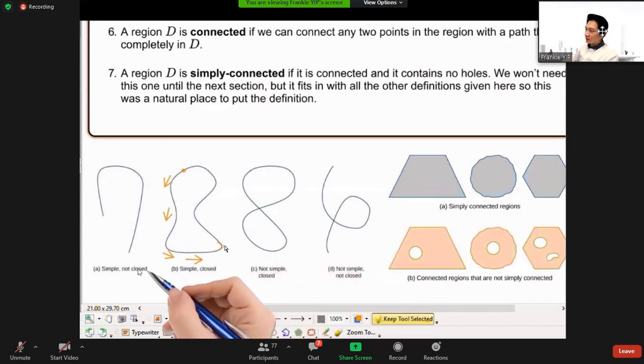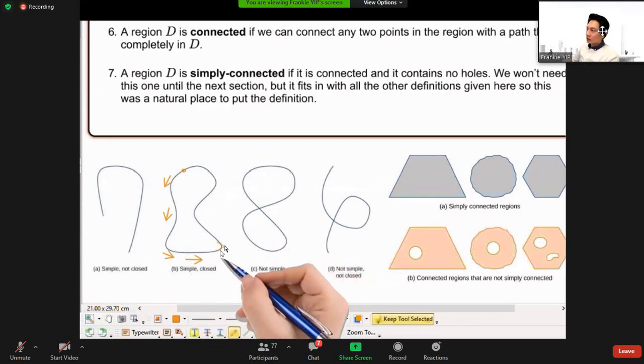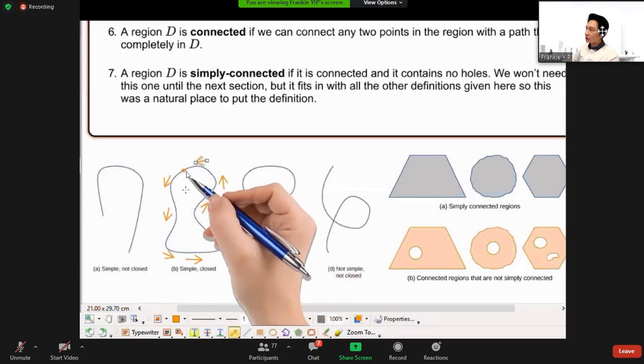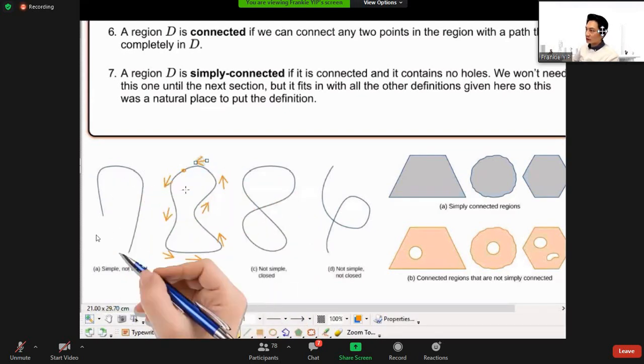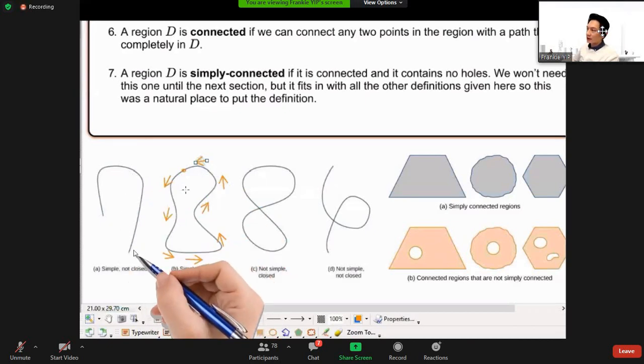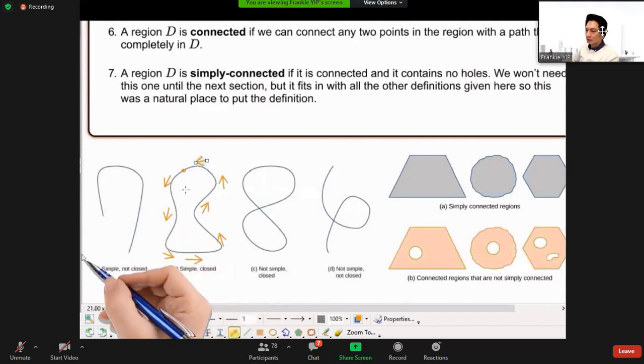However, what is the difference between these two? This one is closed, which means we go back to the starting point. And this one is simple, but it's not closed, because the endpoint hasn't gone back to the starting point. Got it?